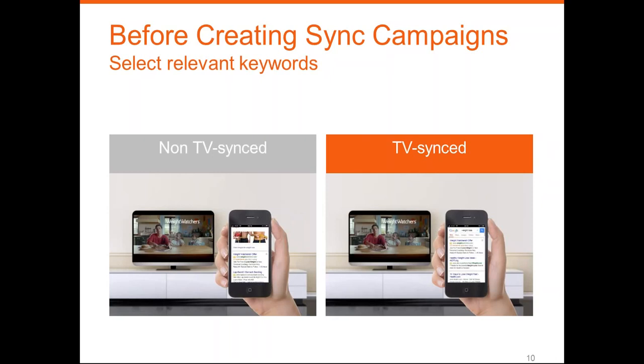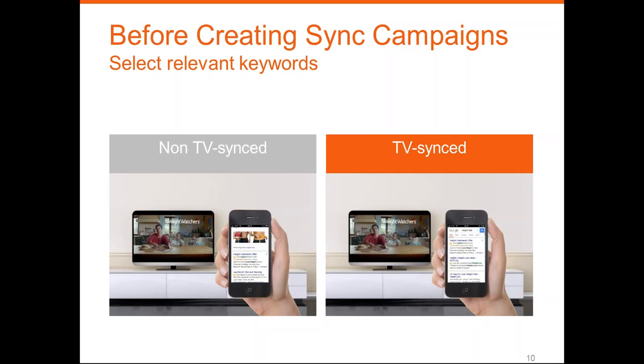So we want to select relevant keywords when we're doing this. And that's probably after making sure that your goals are aligned, that you know what you're spending money on, and you've selected a strategy, you know how you want to get there. When we move on to implementation, we need to talk about what are the right keywords to use for a sync campaign versus a non-sync campaign.